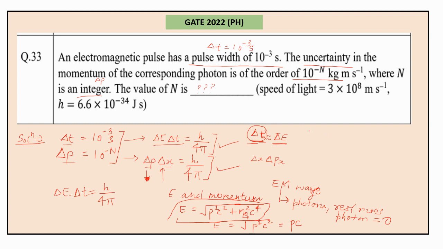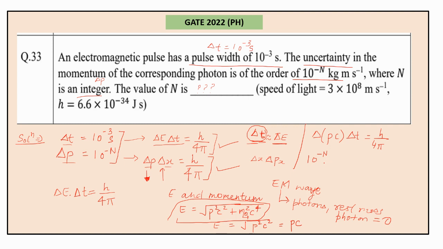So now here you can replace delta E by p c, right? Into delta t is equals to h upon 4 pi. Okay, so we are given delta p, we are given 10 raised to the power minus n.